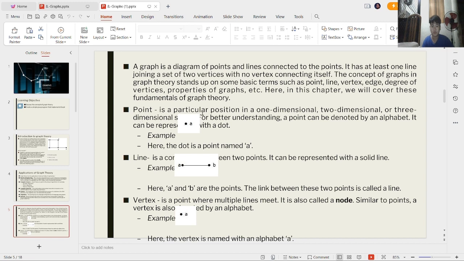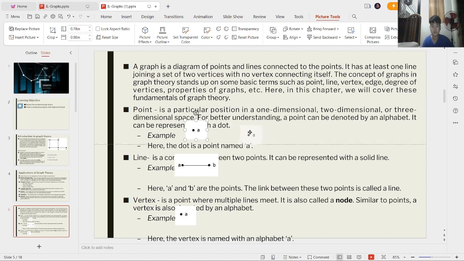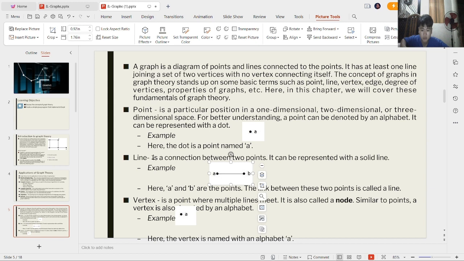A point is a particular position in one-dimensional, two-dimensional, or three-dimensional space. For better understanding, a point can be denoted by an alphabet. It can be represented with a dot. For example, this dot is represented for A. A line is a connection between 2 points.